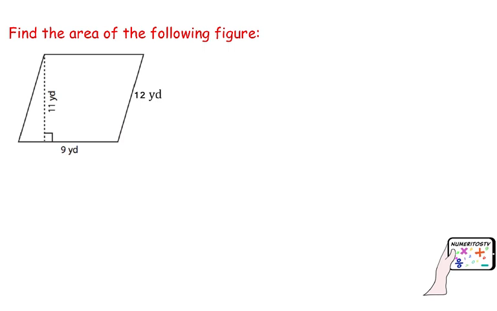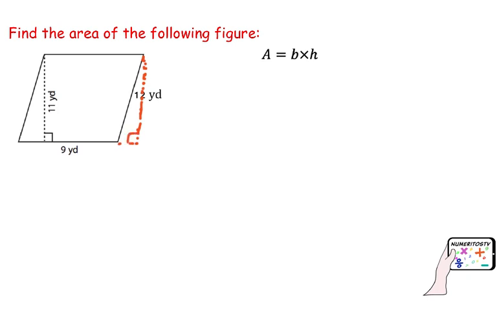This figure is a parallelogram, and we want to find the area of this figure. So we are going to be using the formula base times height. So in a parallelogram, the height is somewhere in the middle, or sometimes they draw it outside the figure. Sometimes the figure is so inclined that you will find the height outside the figure.